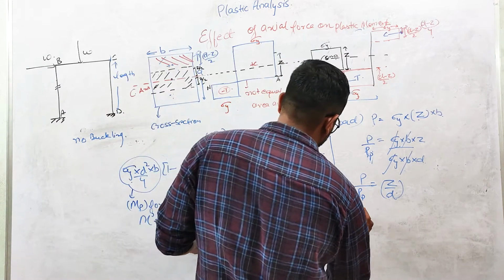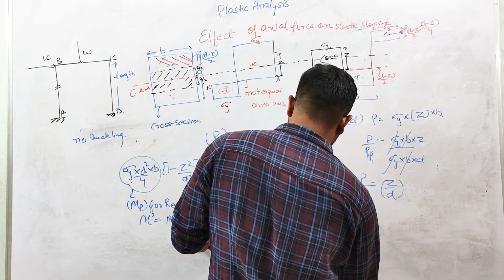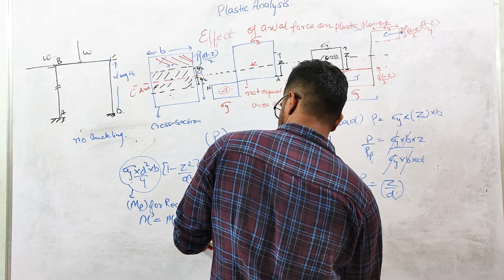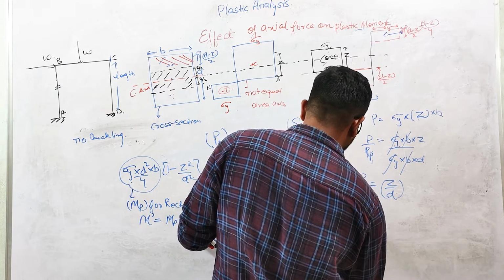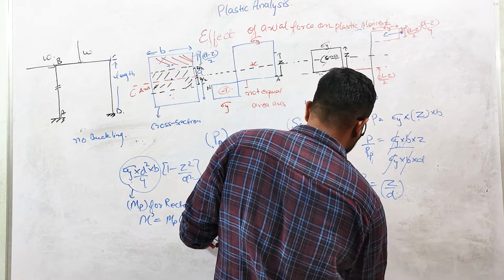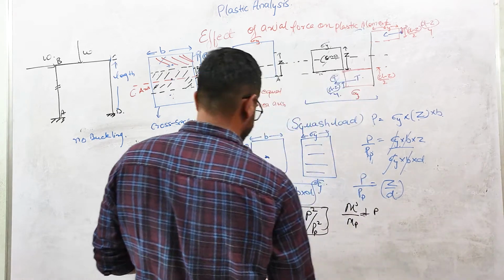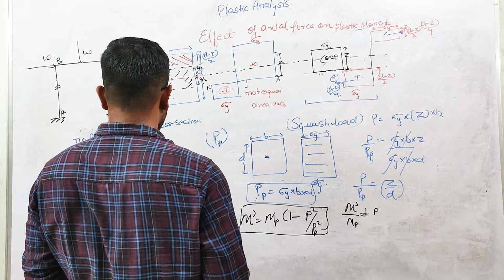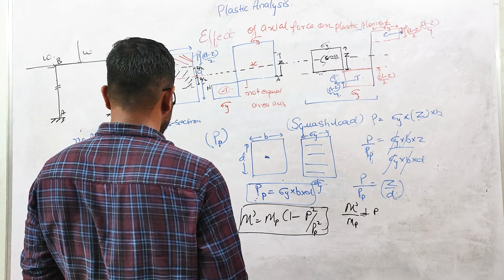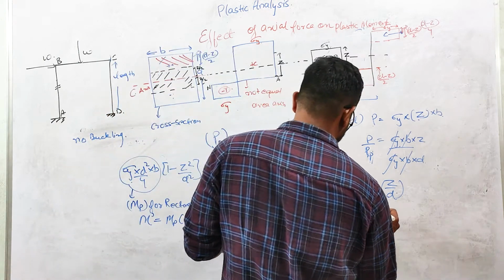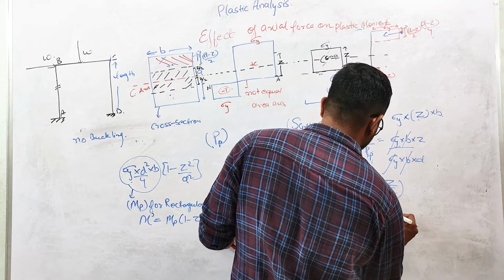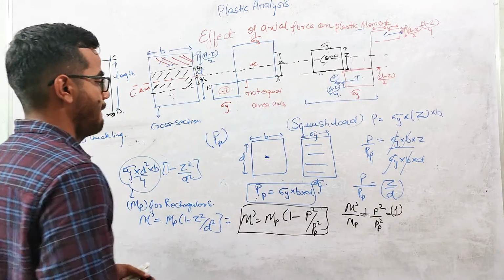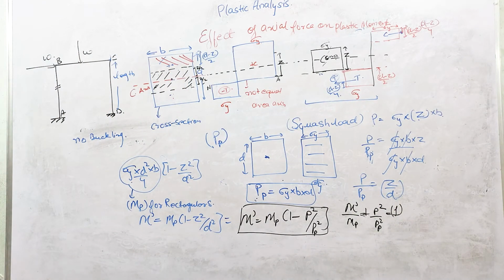Okay, or you can write (P/Pp) squared plus (M'/Mp) equals 1.